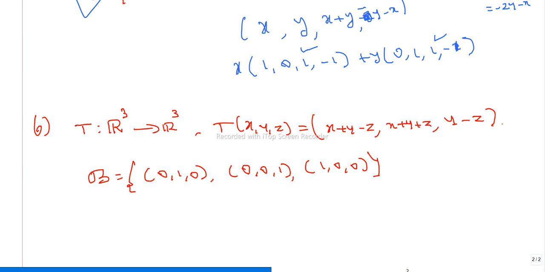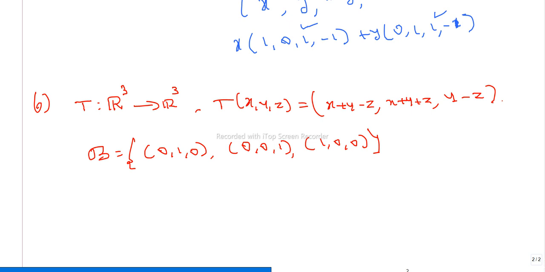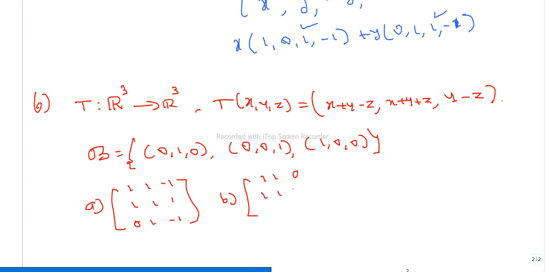Now what is the matrix? Options are: first option 1 1 1, 1 1 1, minus 1 1 1, 1 0 1 minus 1. So that is the first option. Second one is 1 1 0, 1 1 1, then 1 0 minus 1.